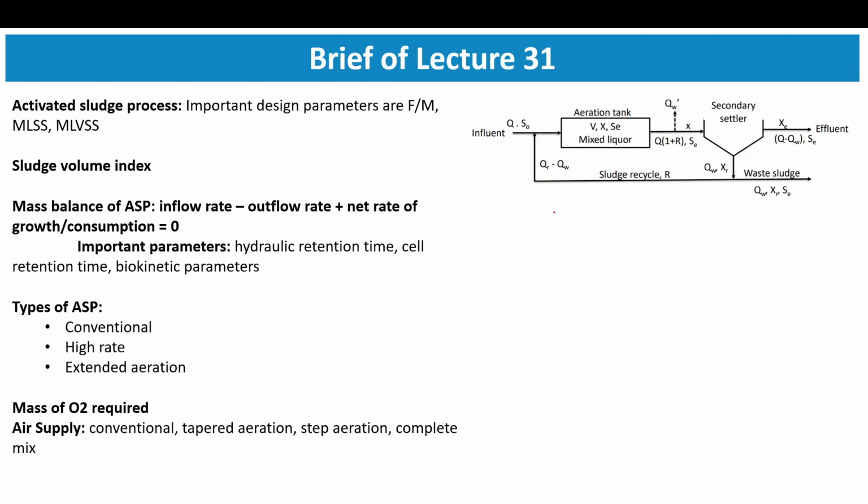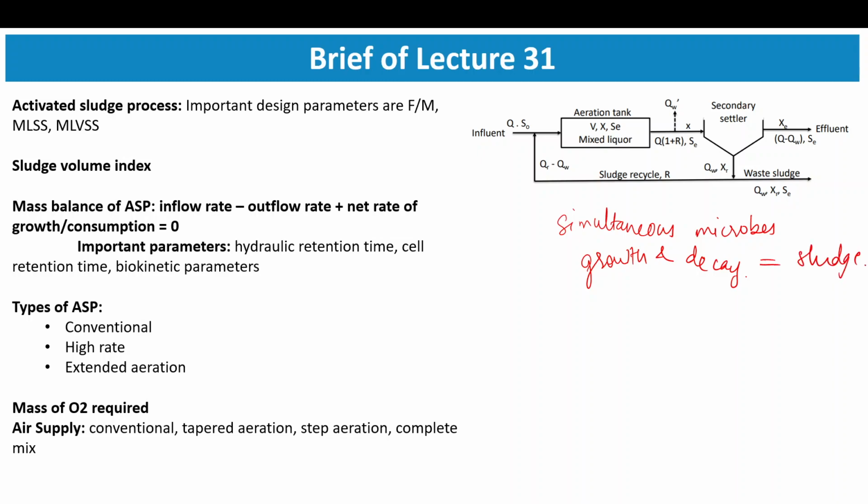Initially microbes will grow, and at the same time microbes also die. So simultaneous microbial growth and decay occurs. The dead microbes will not be able to do further work, so we need to constantly remove some amount of sludge, which contributes to sludge.